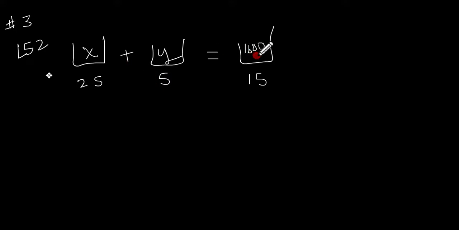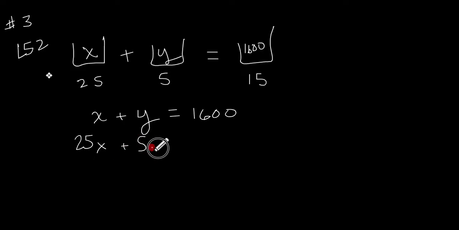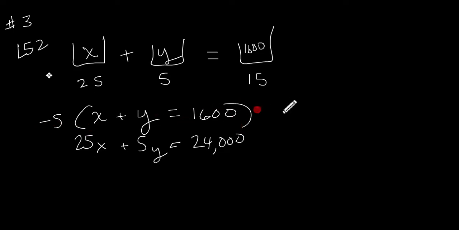Since we have 2 variables, we're going to need 2 equations. The first equation is just right across the top. The second equation, you multiply 25 times x, 5 times y, and 15 times 1,600 is going to be 24,000. All right, I'm going to multiply the top one by a negative 5, and we're going to solve this by elimination.